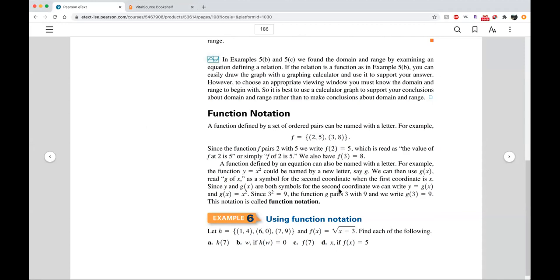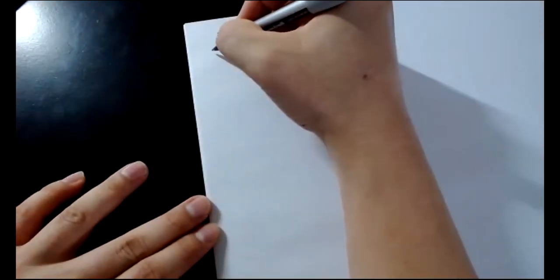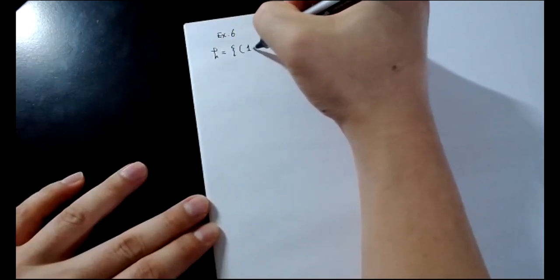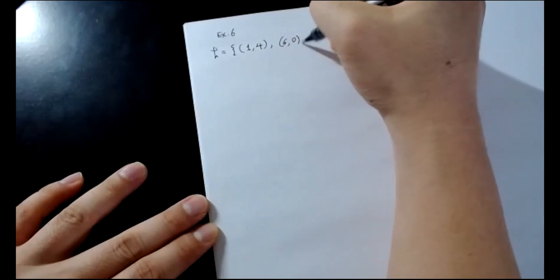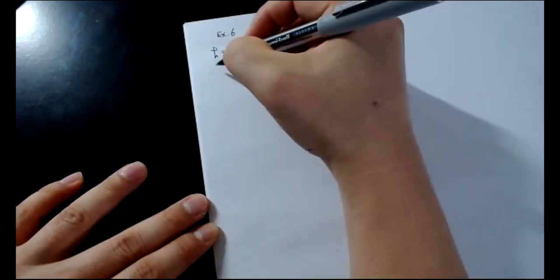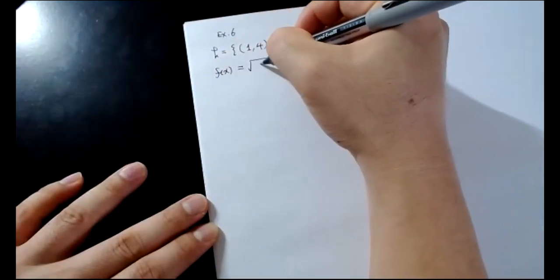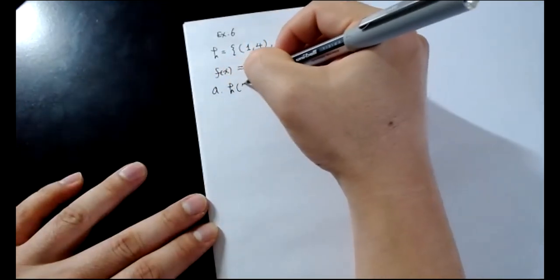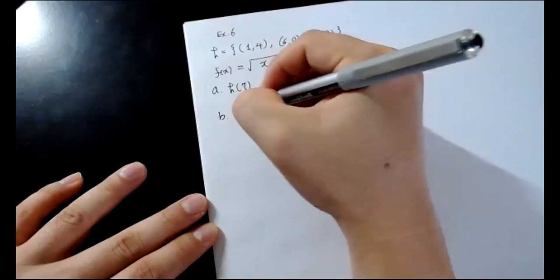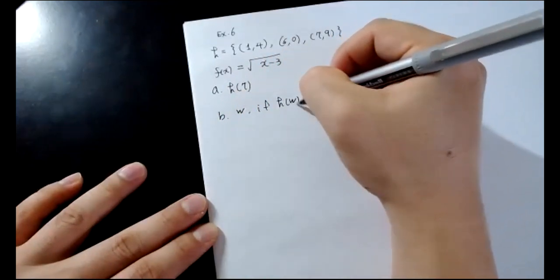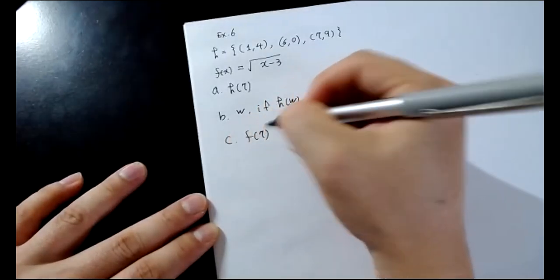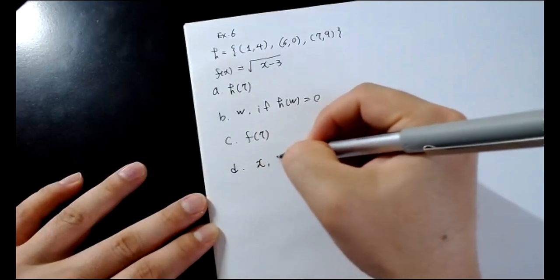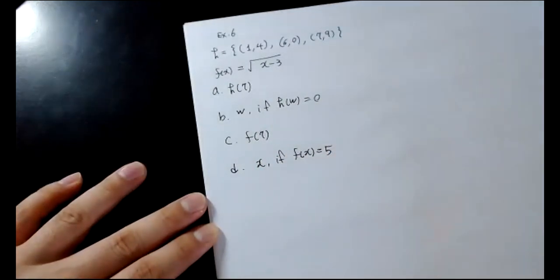Then find each of the following: A, H of 7; B, W if H of W equals 0; C, f of 7; D, x if f of x equals 5.